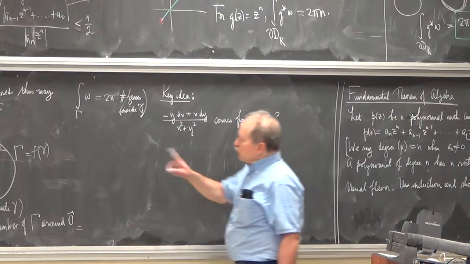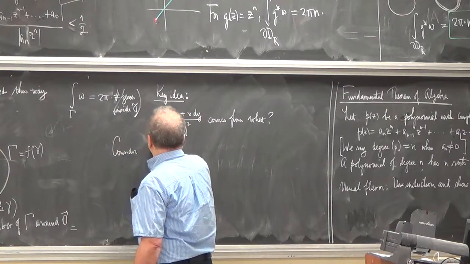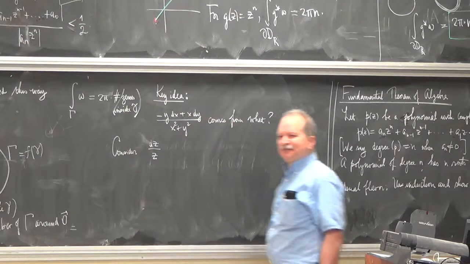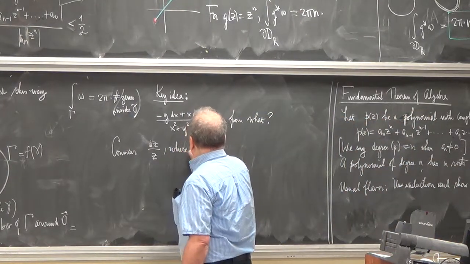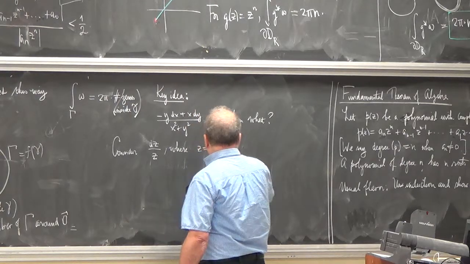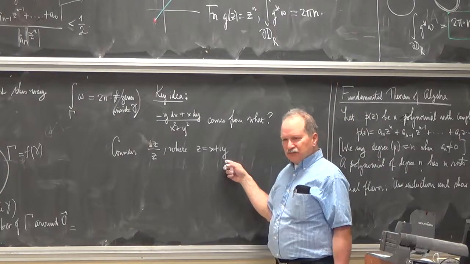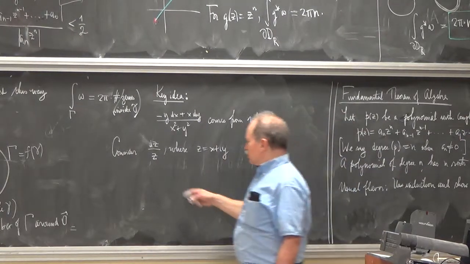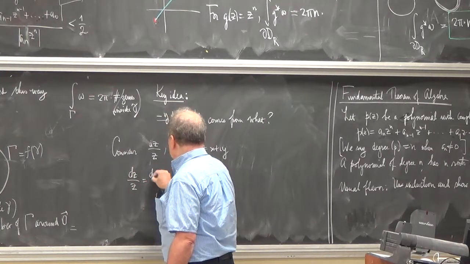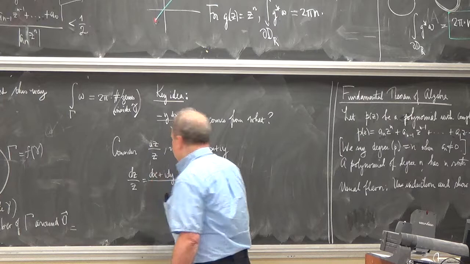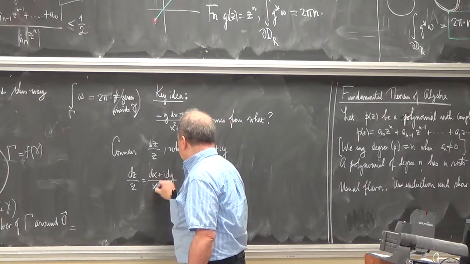But look at this. Now that we're thinking about complex numbers, look at that. So z is x plus iy, and just do our differential forms allowing yourself to have complex numbers. What do you get? Well, dz over z is dx plus i dy. And now I have to divide by x plus iy.